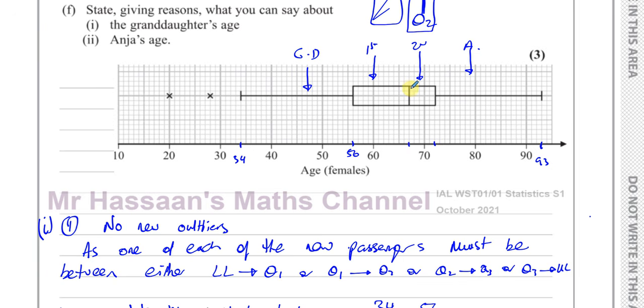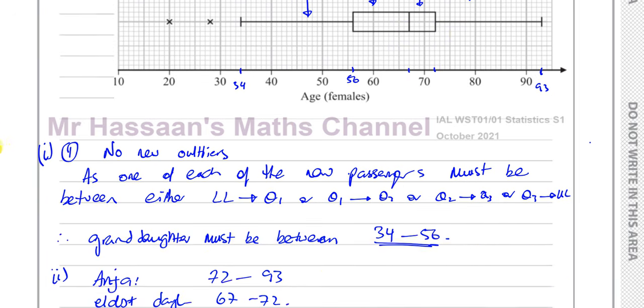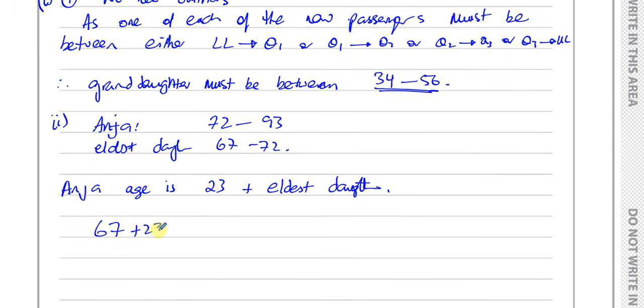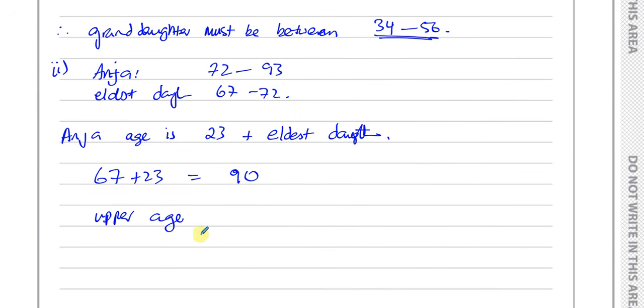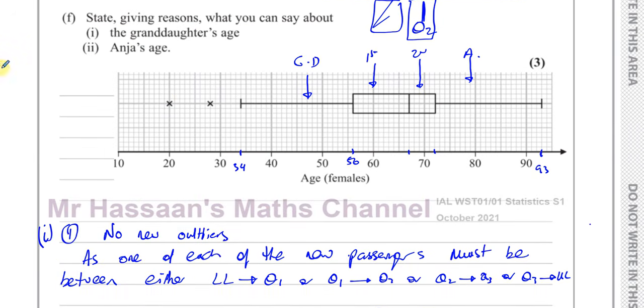Now, if Anja is 23 years older than her, then her lowest age must be 67 plus 23, which gives you 90. So the lowest she can be is 90, and she can't be one of the outliers, otherwise it will change. So the upper limit is 93. Therefore, her age is going to be between 90 and 93 for the box and whisker plot not to change.